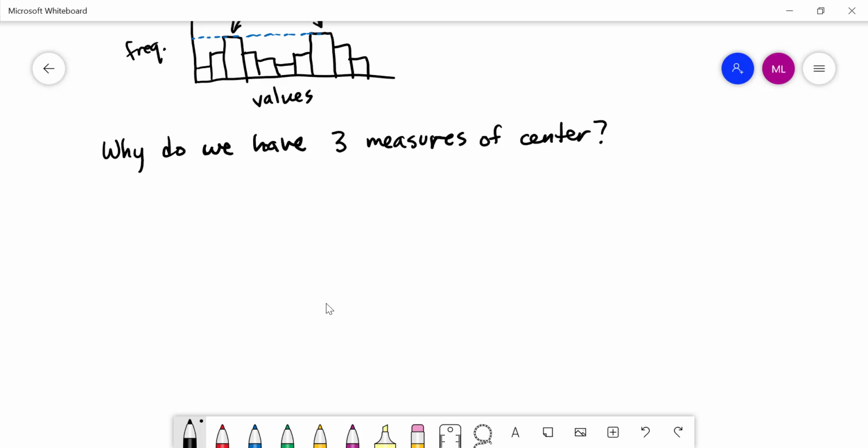The others also show up in various situations. It turns out median, for example, often shows up in the context of money. And let me give you an example for why. So, let's think about an example where we're talking about incomes.